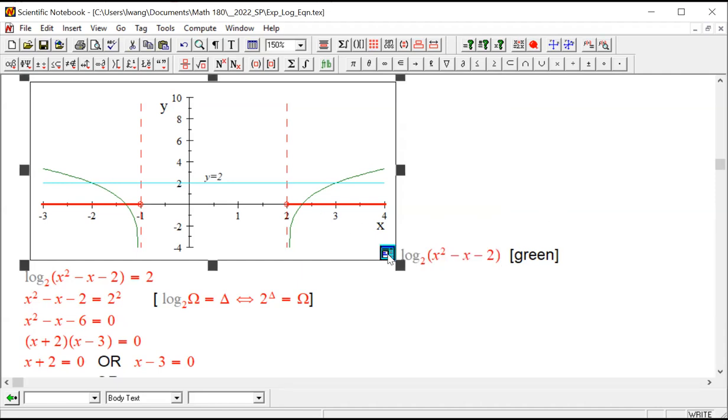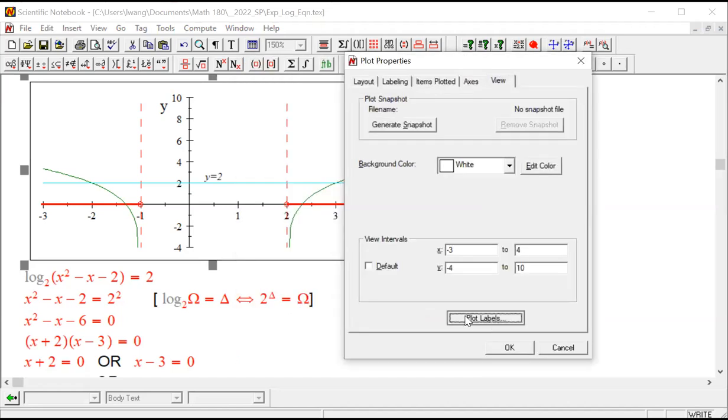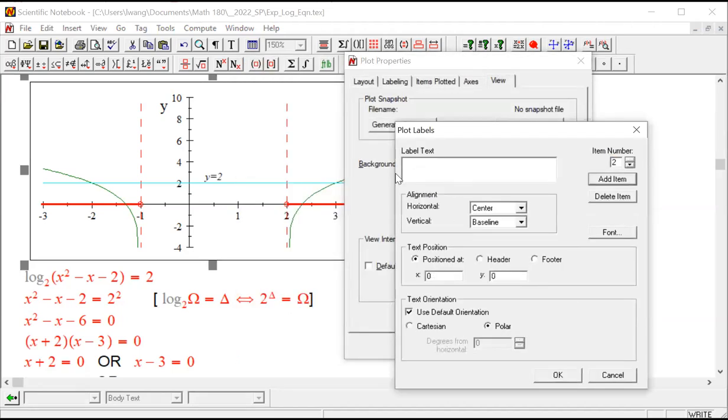So let me mark the vertical asymptotes. Okay, we got a vertical asymptote, x equals to -1.